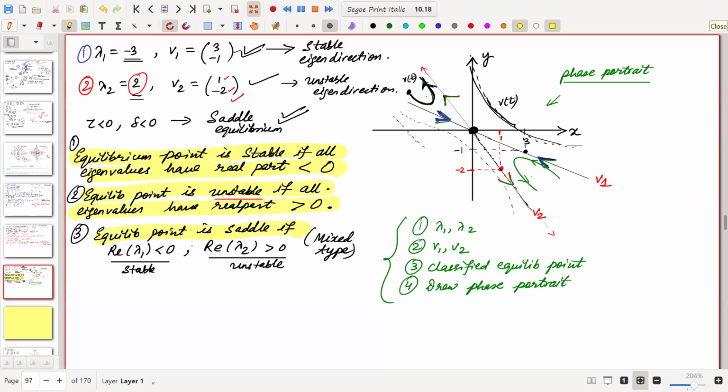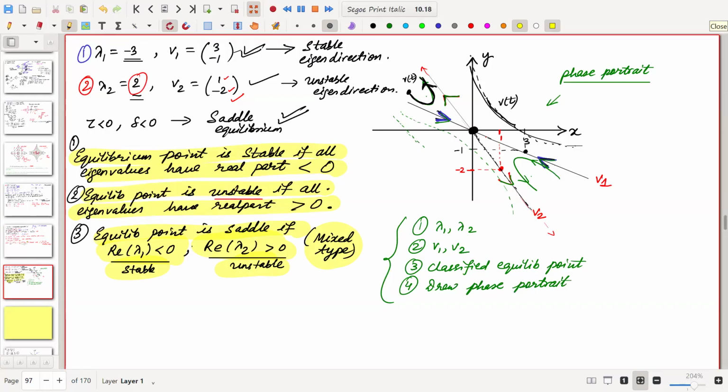So you can characterize that equilibrium point as a saddle equilibrium point. An equilibrium point is a saddle if you have a mixed type of condition: some eigenvalue has real part less than 0, and some has real part greater than 0.